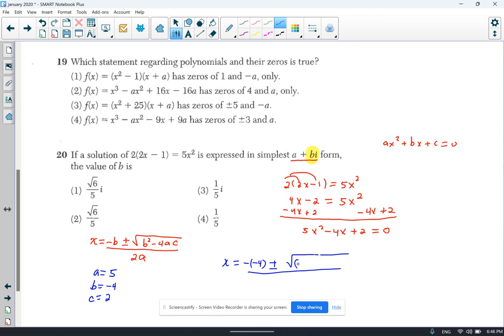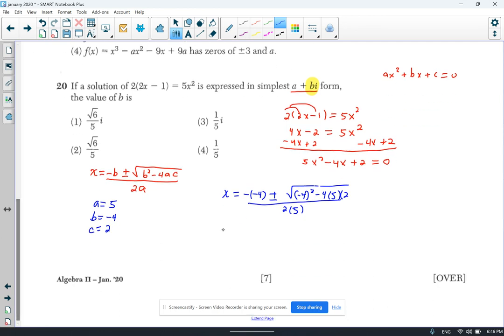So that should be (-4) squared minus 4 times 5 times 2, and that's all over 2 times 5. That simplifies to 4 plus or minus the square root, and if I enter this in the calculator, I'm going to get a value of -24, and that's all over 10.